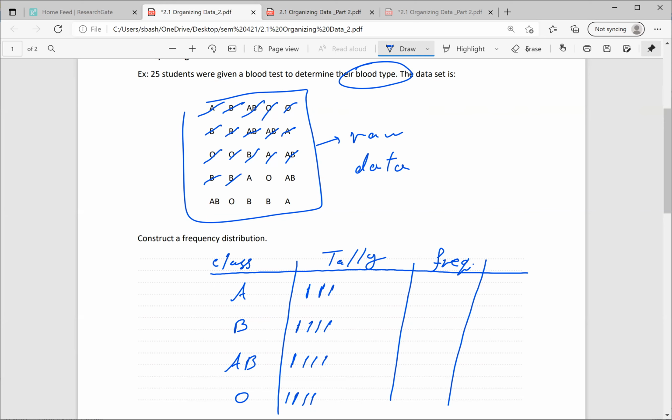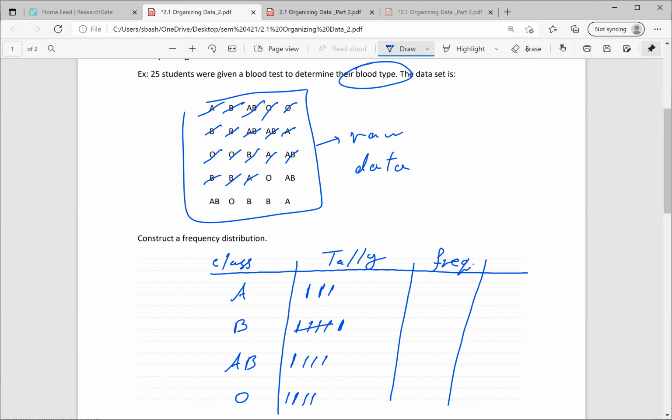Now the fifth one, I will do it like this. So I'll have one group, which means I have 5. So this is one set for B, consisting of 5 bars.